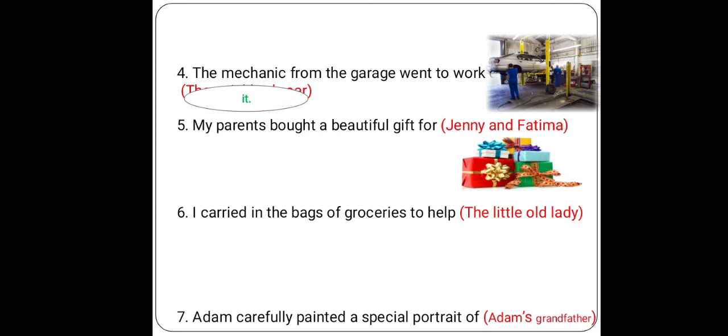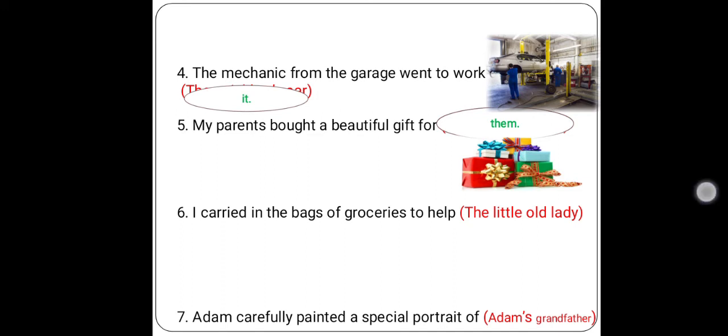Okay, as you see in the picture here, you have presents or gifts. So my parents bought a beautiful gift, or beautiful gifts if it's plural, for Jenny and Fatima. So for them.